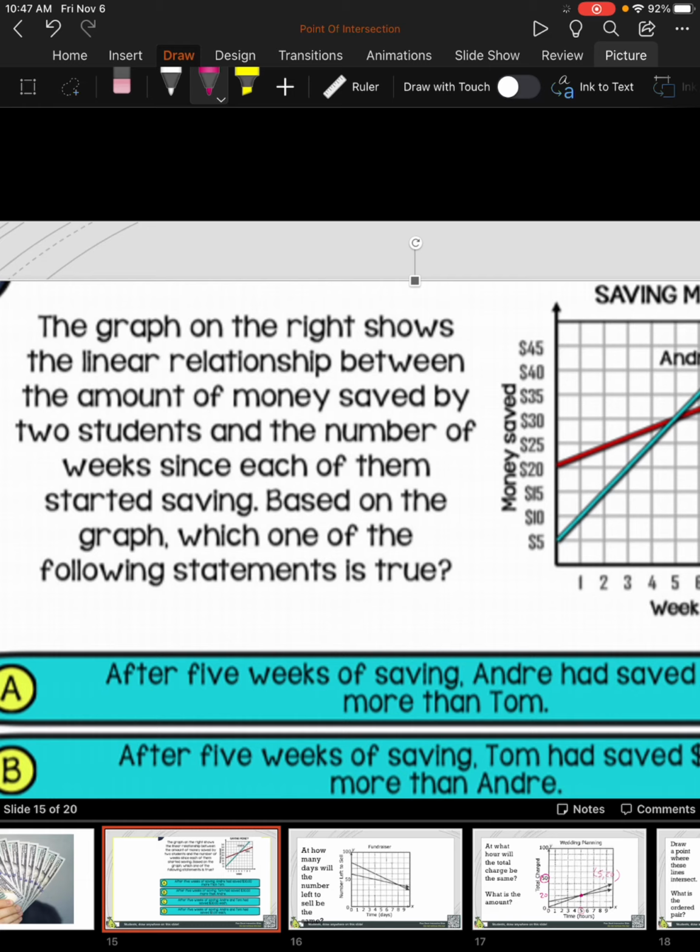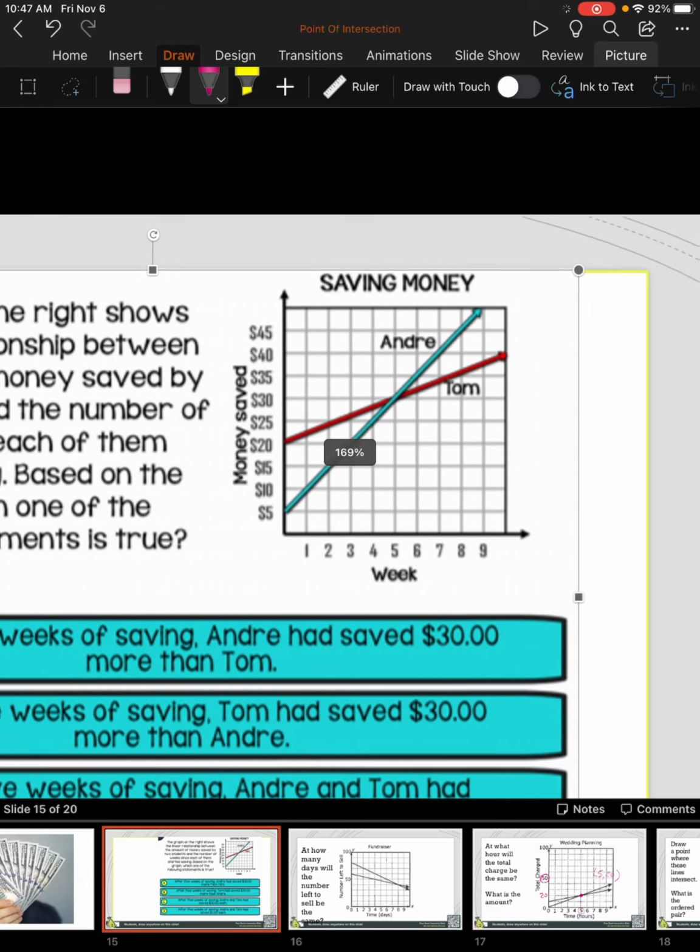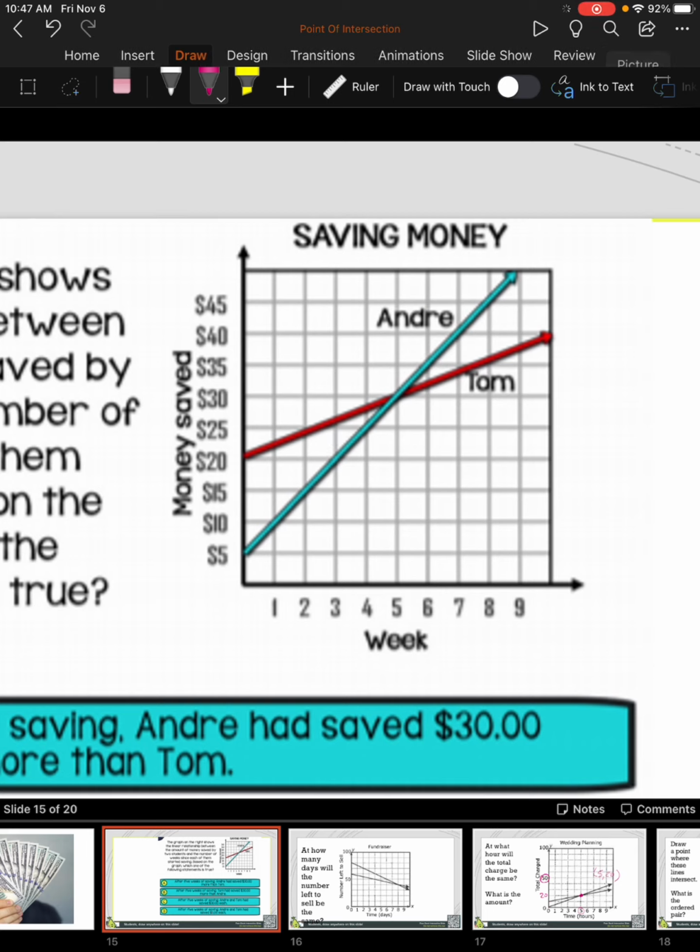Based on the graph, which of the following statements is true? All right, so we're going to find where they cross. Okay, this is the point where they cross, and let's look. So at 5 weeks, they will have saved the same amount, $30. So that's what we know by looking at this graph.